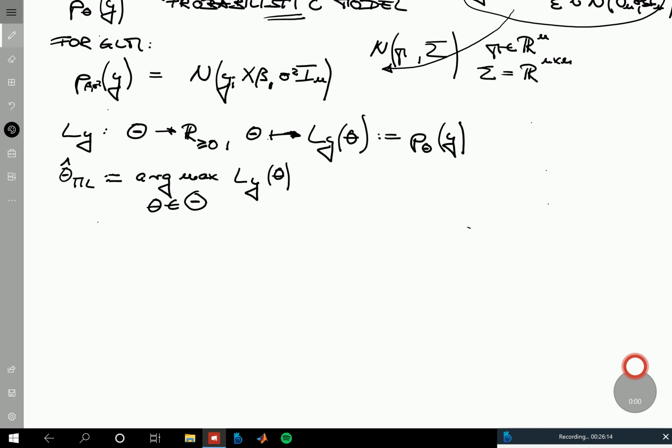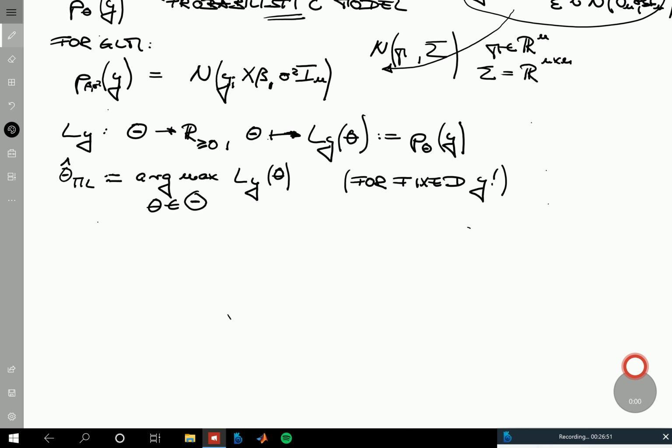That's the way to write it. So you look for an argument of this function, hence the argmax, in parameter space, such that this is maximal. You always need to view this for fixed y. So for one observed data set, you shift around the parameter so that the probability of the observed data becomes maximal.